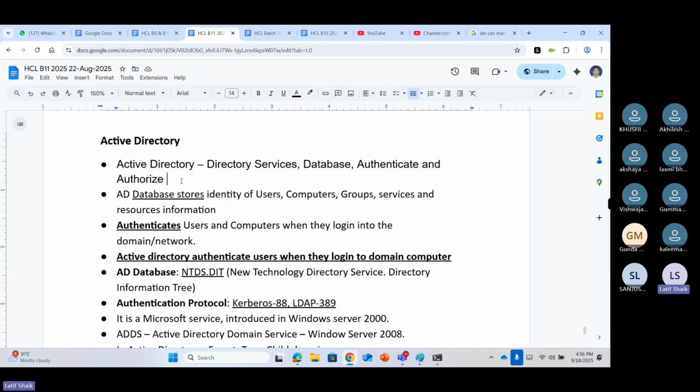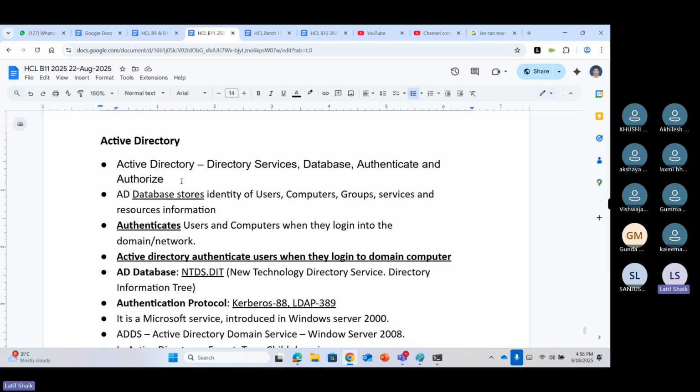Active Directory. What is this Active Directory? This Active Directory provides directory services. What are these directory services? Database service and authentication and authorization services.